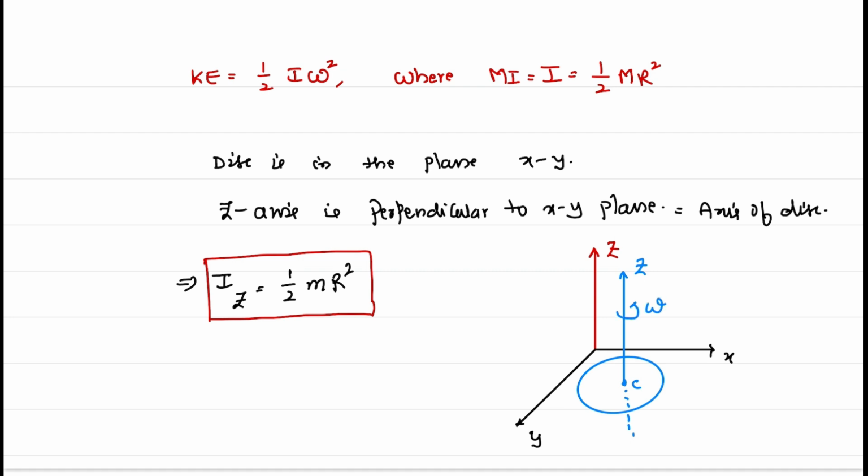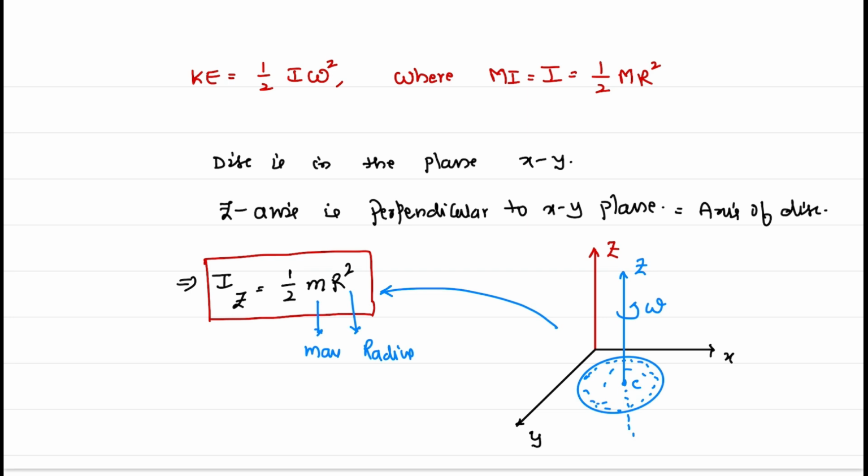In that case, this is the value, half mr square, where m is the mass of the disk and r is the radius. And here the axis of rotation is parallel to the z axis and passing through the center.